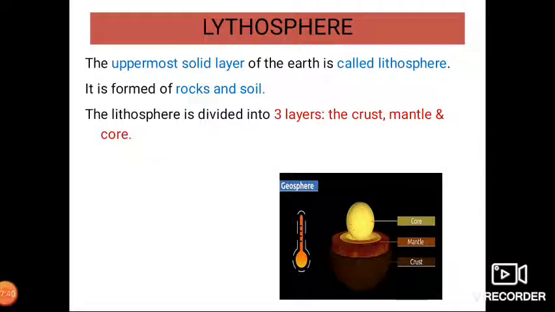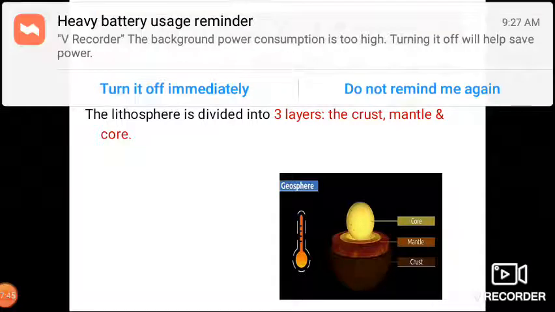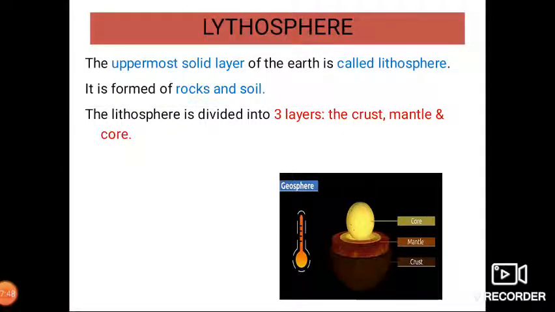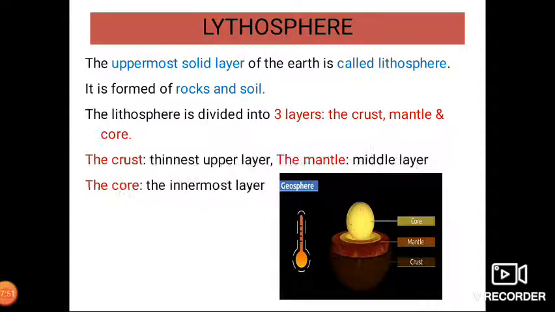The lithosphere is divided into three layers: the crust, the mantle and the core. The crust is the thinnest upper layer, the mantle is the middle layer and the core is the innermost layer.